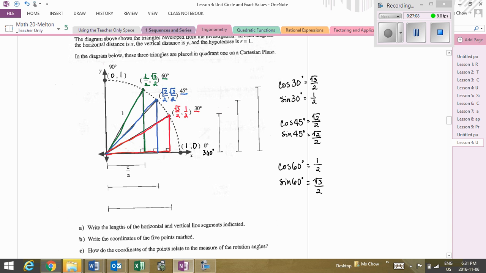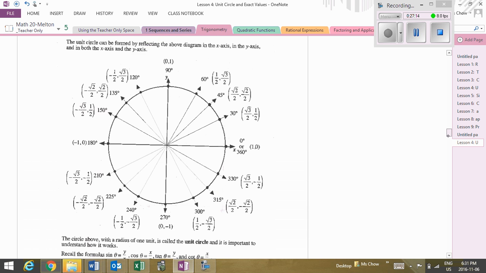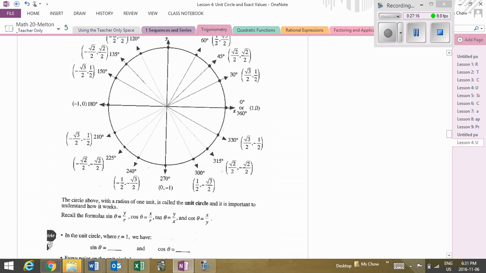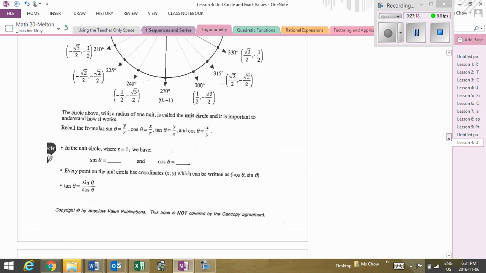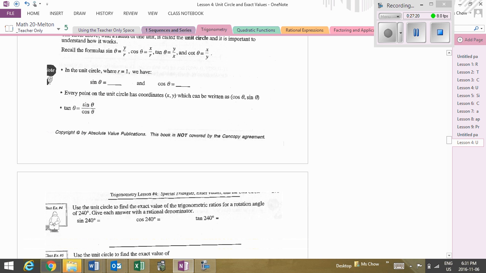So what we want to recognize is why people like this unit circle: in every case, when r is 1 on the unit circle, sine of theta is equal to y and cosine of theta is equal to x.